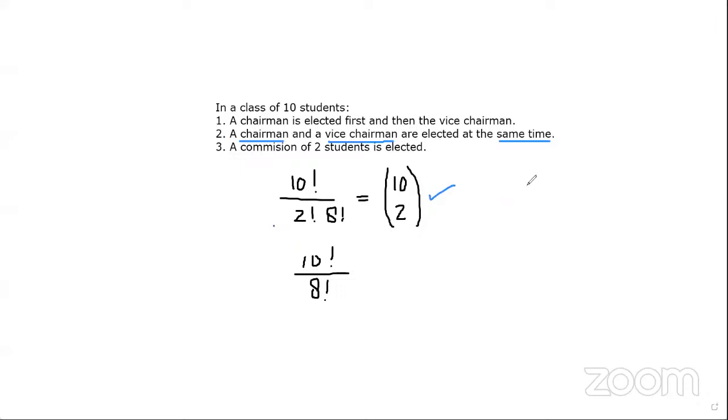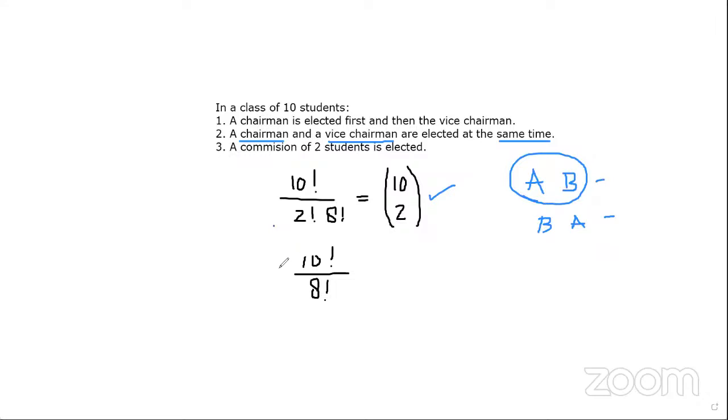For example, you have this person, let's say A, and then B to be elected. At some point you elect them, so that's like a packet. But this one is different if A is the president and B is the vice president. It is different from that one.